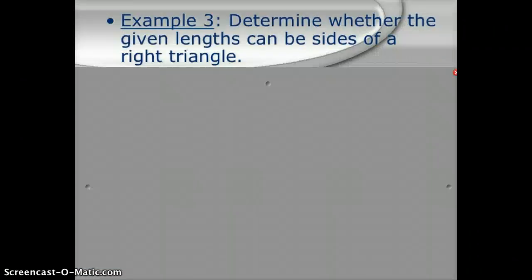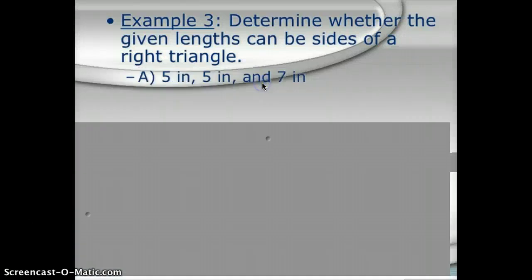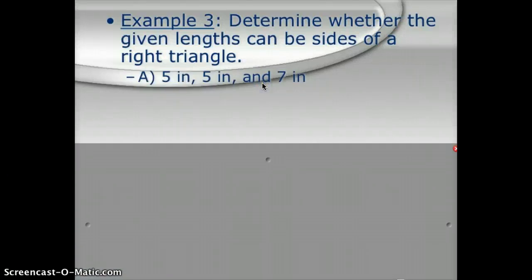So let's try to solve a couple of problems here and see what happens. Basically I'm looking for, does a squared plus b squared really equal c squared? Would these side lengths be the side lengths of a right triangle? So 5 inches, 5 inches, and 7 inches. If this were a right triangle, 7 would have to be my hypotenuse because it's the largest side.